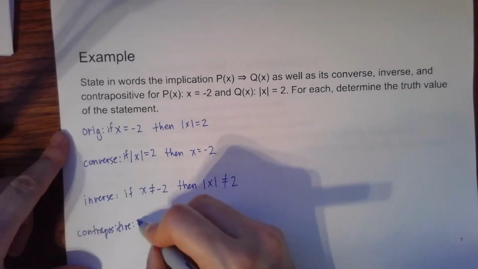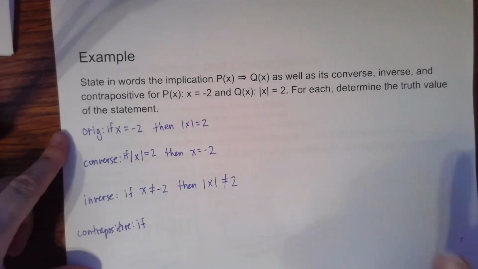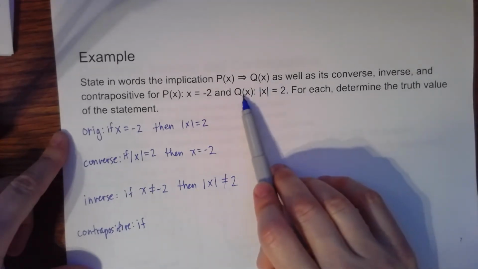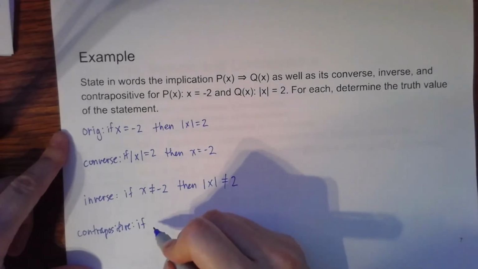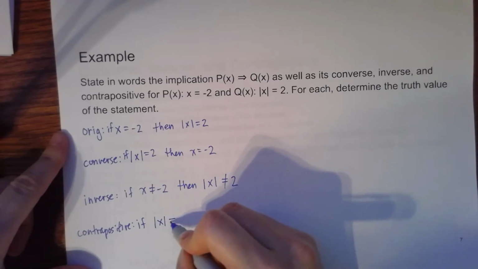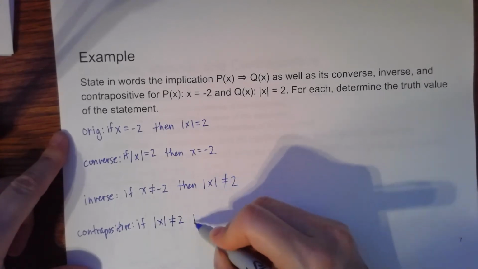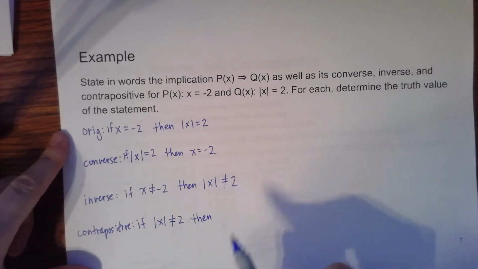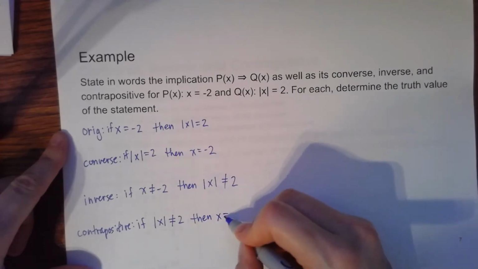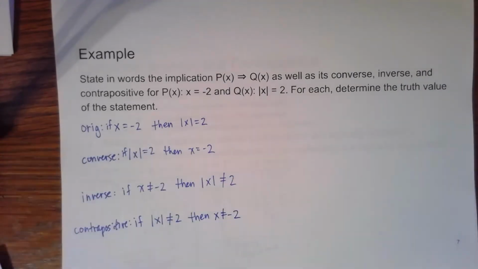This one starts out with if, and then we swap and negate. So if not Q, so if absolute value of x is not equal to 2, then not P, so x is not equal to -2. All right, so those are the different statements, and now we want to determine the truth values.